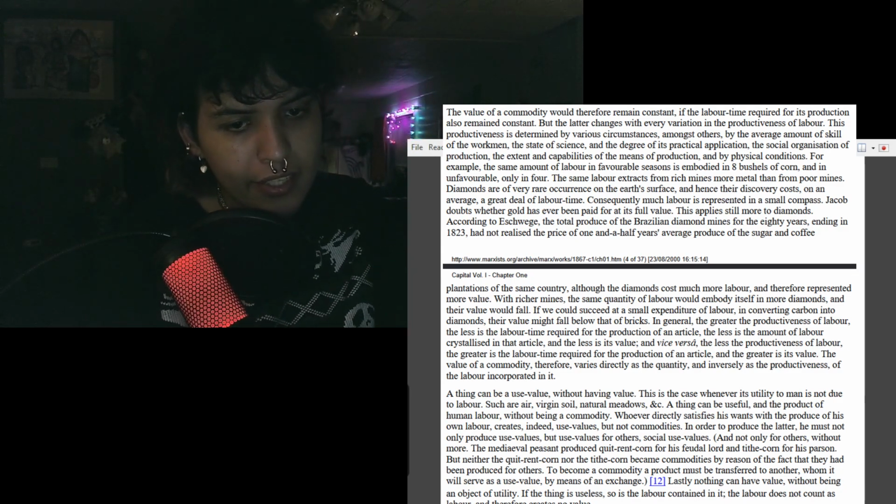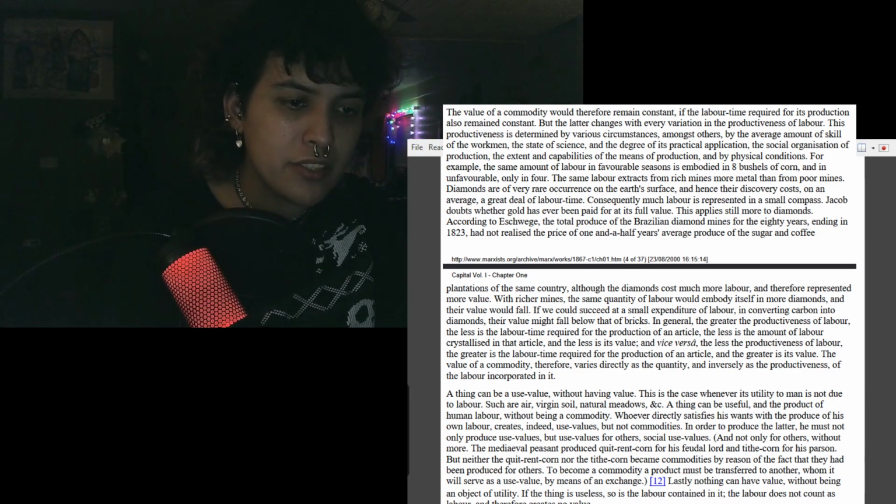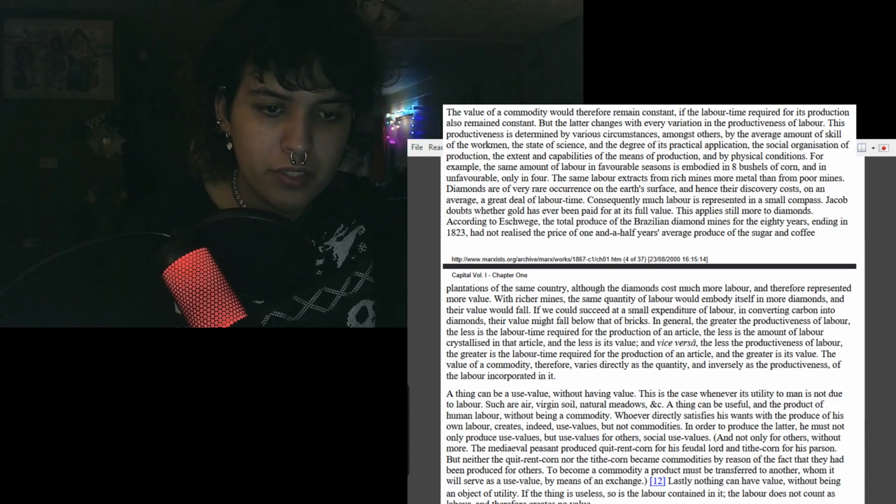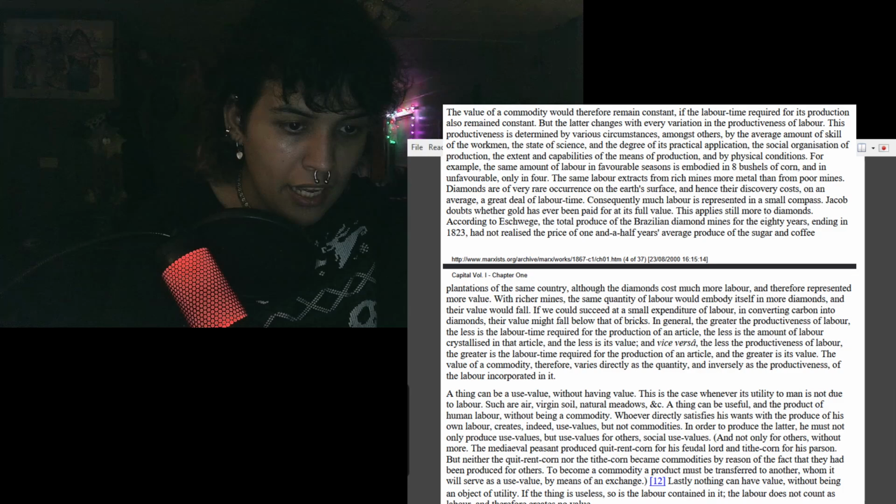We see then that what determines the magnitude of the value is the amount of labor socially necessary, or the labor time socially necessary for its production. Each individual commodity in this connection is to be considered as an average sample of its class. Commodities in which equal quantities of labor are embodied, or which can be produced in the same time, have the same value.